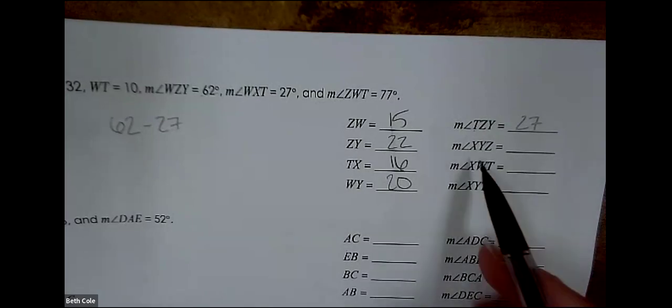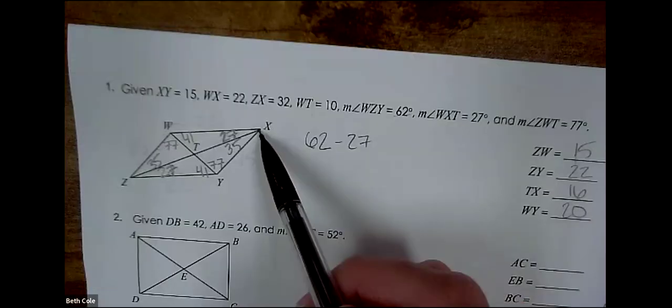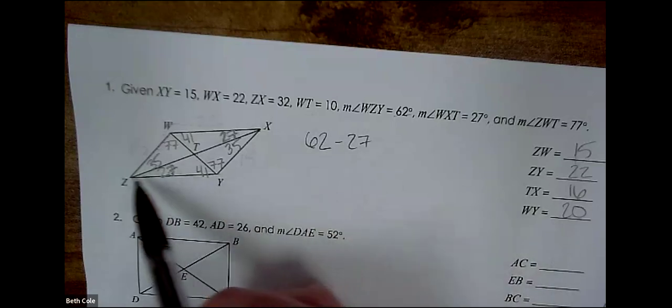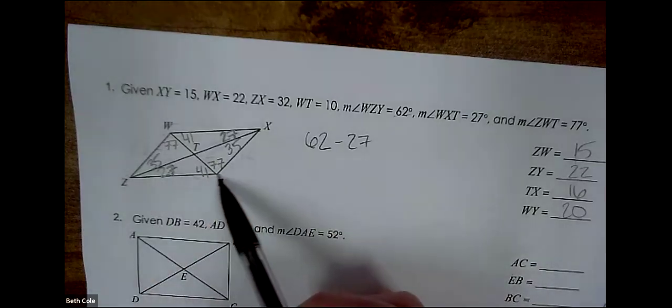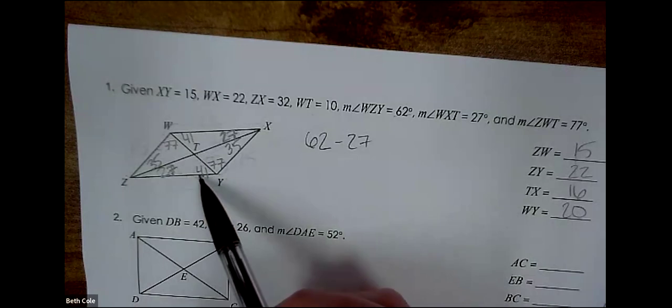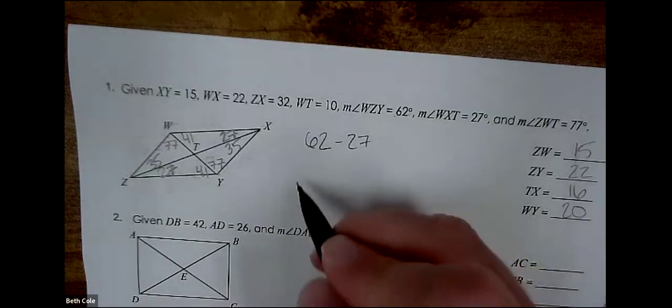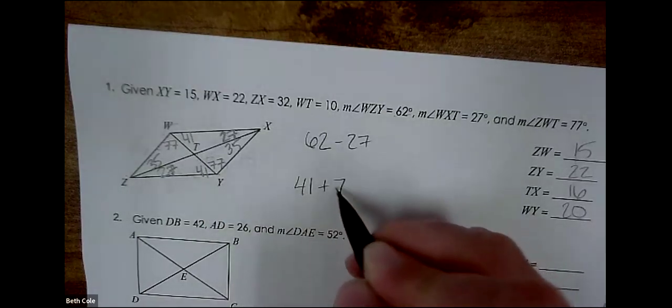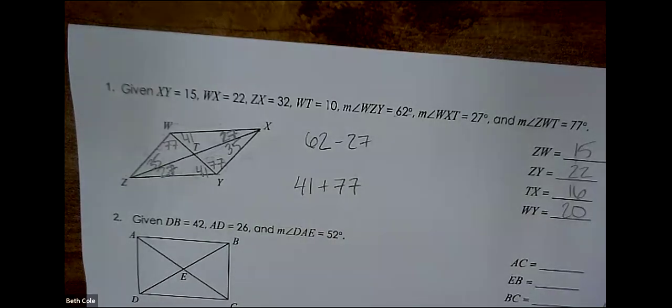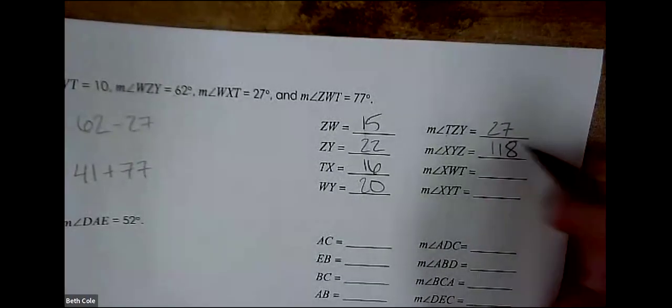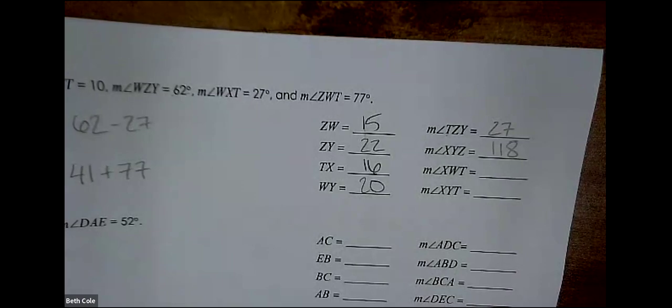All right, XYZ. So where's X? X, Y, Z. That's going to be this whole thing, right? So what would I have to do with my 41 and my 77? If I want the whole thing, you're going to have to add them. That's going to be 118. All right, XWT.